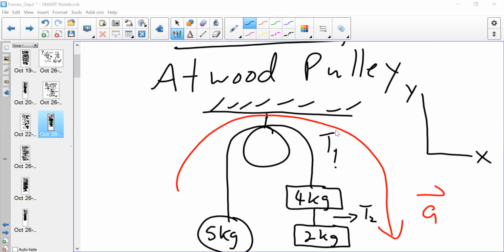It's going to be a double pulley problem with the same logic that we have here.